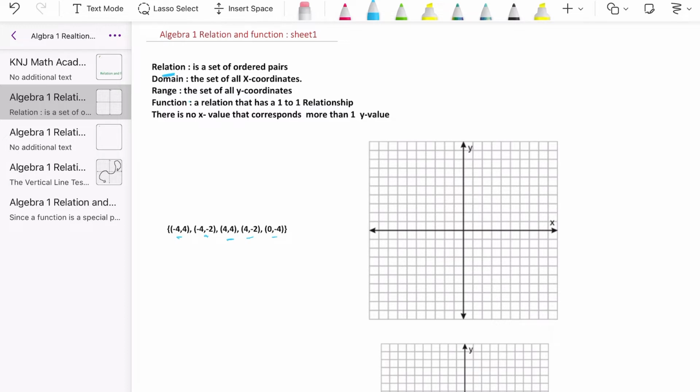So before moving to the next definition, let us first try to draw this one in xy axis. And as we know that for the x-axis the right is my positive and the left is my negative. Up for the y-axis is the positive and the down is the negative.